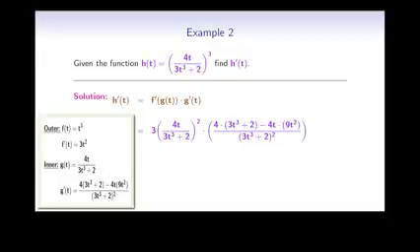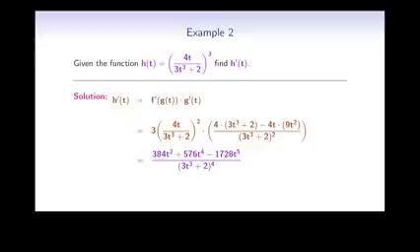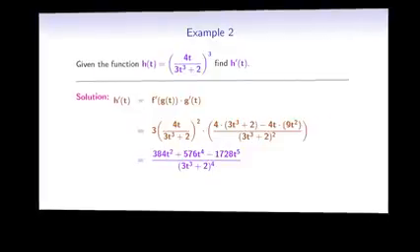Again, we use the quotient rule to compute the derivative of the innermost function. After simplification, we see that h prime of t is equal to 348t squared plus 576t to the fourth minus 1728t to the fifth, all divided by 3t cubed plus 2 to the fourth power.